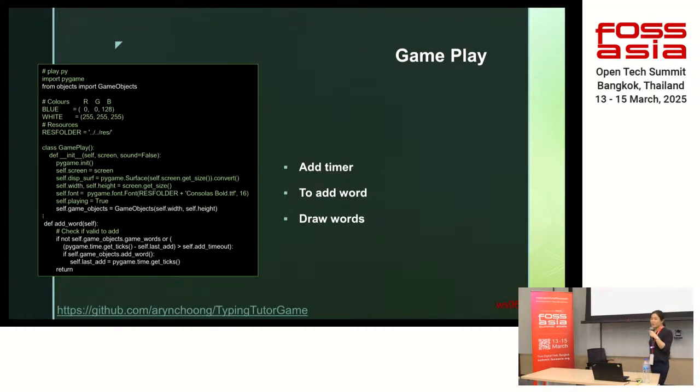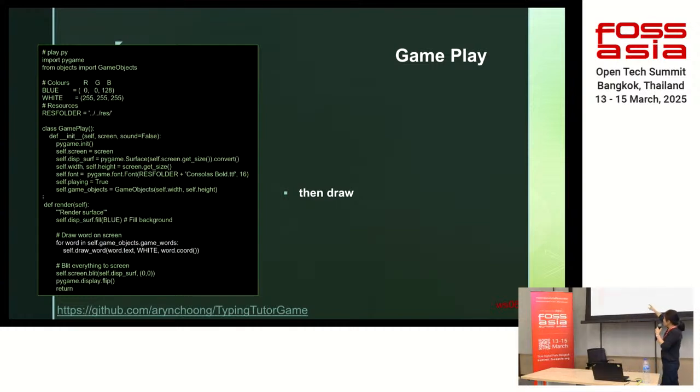And then now we want to add the timer to add the word. So we don't want to add the word for every single computer cycle, right? We want to add the word in intervals. So we put a counter in there, right, using pygame time get ticks to make sure that, okay, once the timer has run out, only then we add another word. Then of course, once we add the word, we have to draw the word.